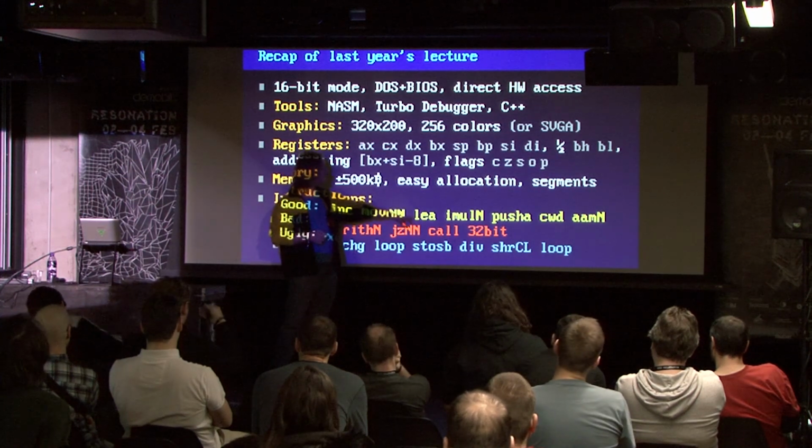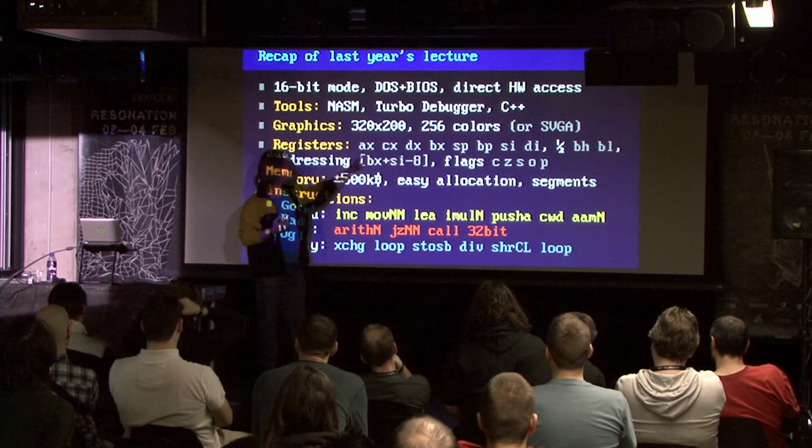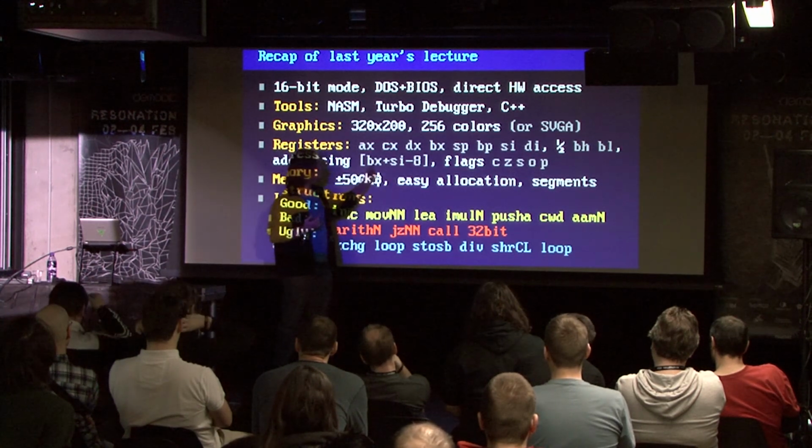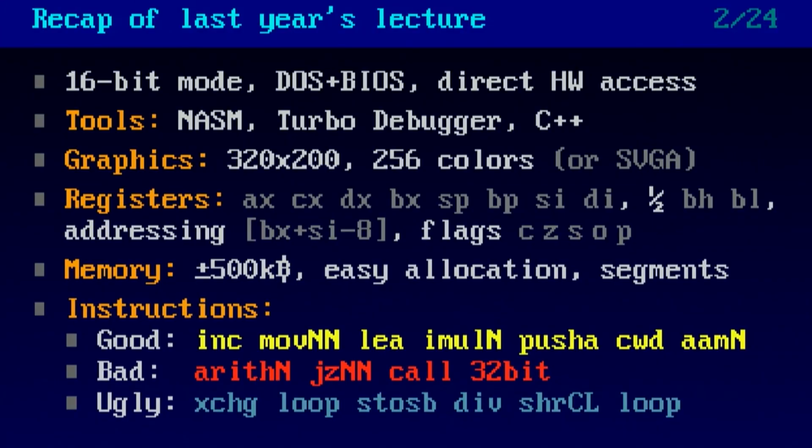We can use the LEA instruction, which computes the value of this and assigns it to another register without setting any flags, which is awesome to use when you need to keep the flags from a previous instruction and do a small addition.